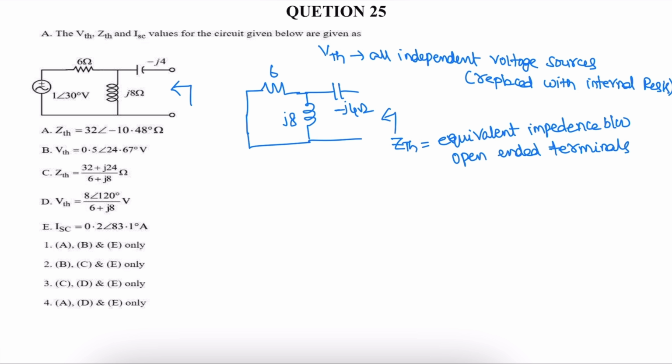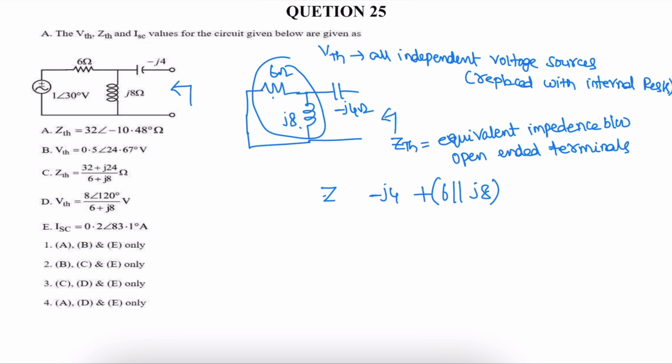So ZTH is the 6 ohm parallel with j8 ohm, and this equivalent is in series with minus j4 ohms.